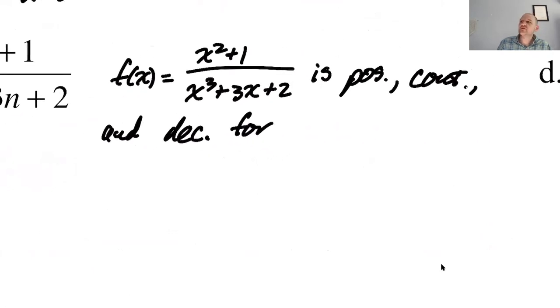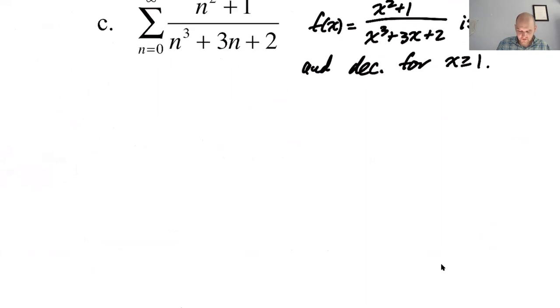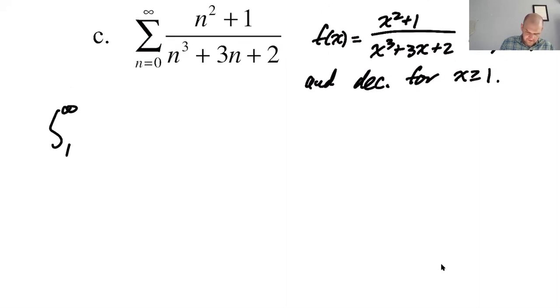So I'm going to say for x greater than or equal to 1, because I don't remember what that said, but I thought that there was something happening at like 0.5-ish or something. So I'm just going to go from 1 to infinity, see if that converges. If that converges, then it would converge from 0 to infinity. So we'll do the integral from 1 to infinity of x squared plus 1 over x cubed plus 3x plus 2.